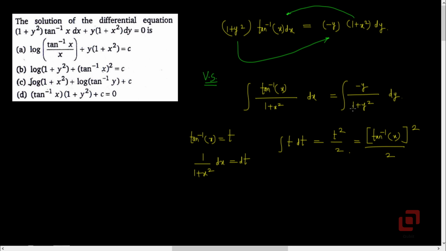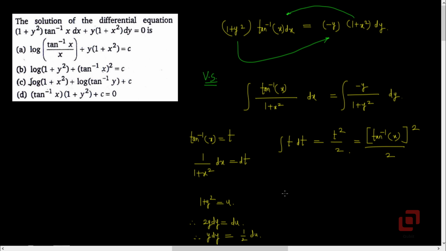But let us also find the integral on the right hand side. Here we substitute 1 plus y squared as u. Therefore 2y dy will be du. Therefore y dy will be equal to 1 upon 2 du.